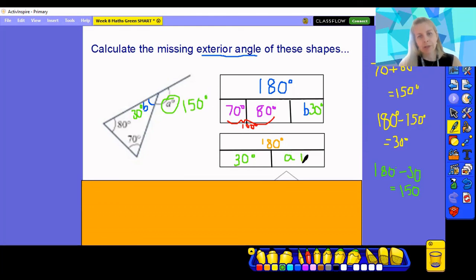I can always check this because this obtuse angle and this acute angle together should give me my angles along a straight line, which is 180. If I've got 150 and I add on 30, I get back to 180. So the missing angle here is 150 degrees.